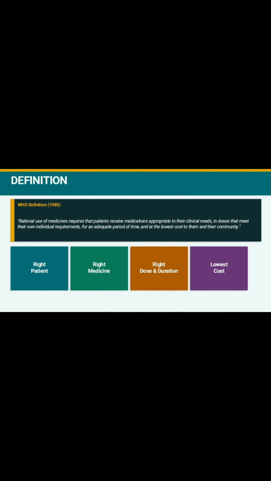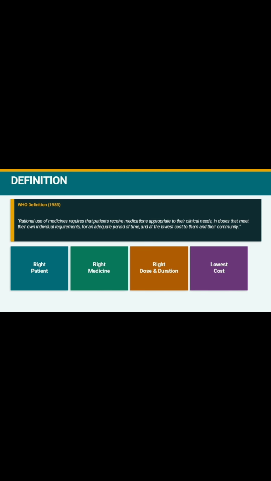According to WHO, the rational use of medicine requires that the patient receive medications appropriate to their clinical needs, in doses that meet their own requirements, for an adequate period of time and at the lowest cost to them and their community. Means right patient, right medicine, correct dose according to the disease of the patient at a reasonable cost.